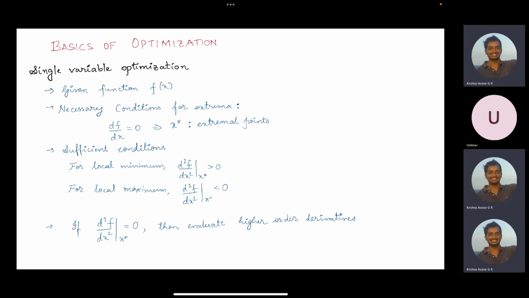Based on it, if the first higher order derivative to be non-zero is of even order and it's greater than zero, then we call it a minimum. And if all the derivatives are zero, then we cannot conclude anything about the extrema, whether it's a local minimum or local maximum.